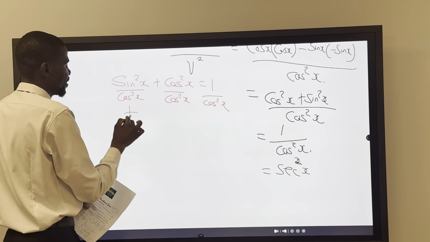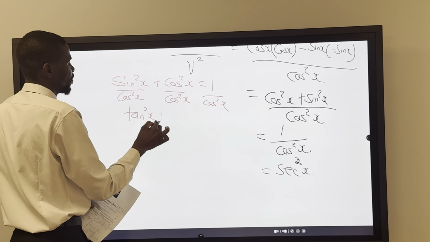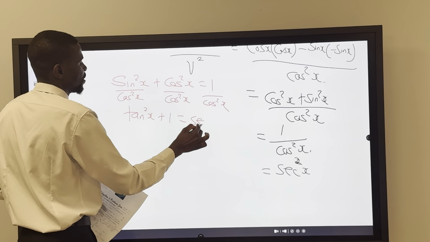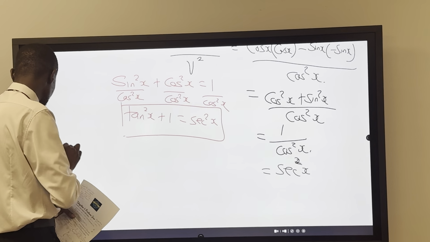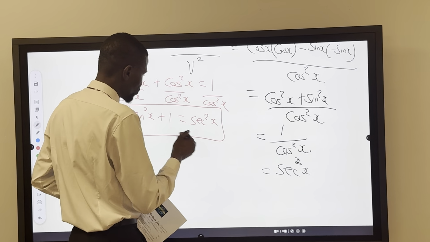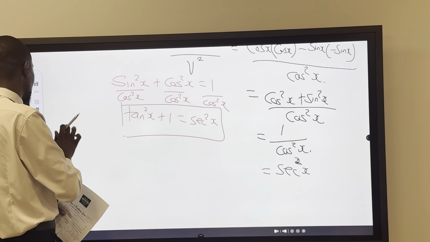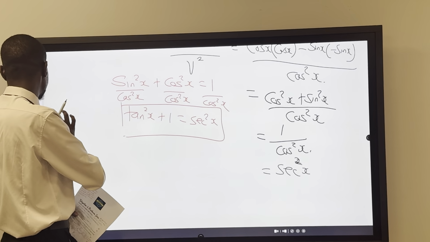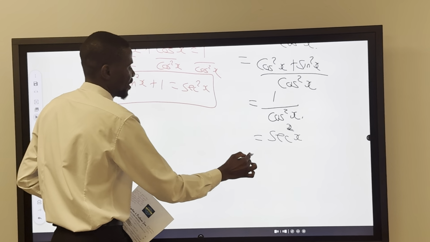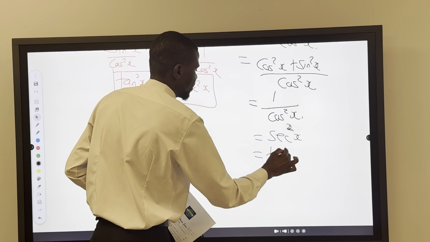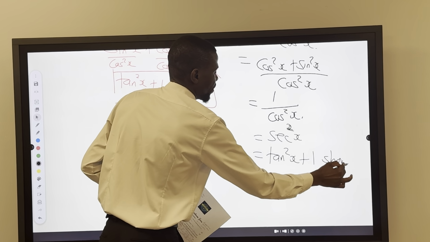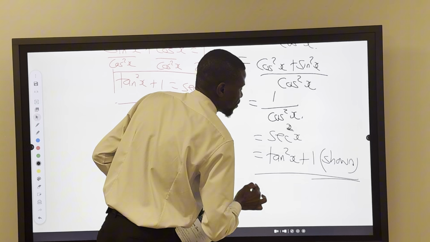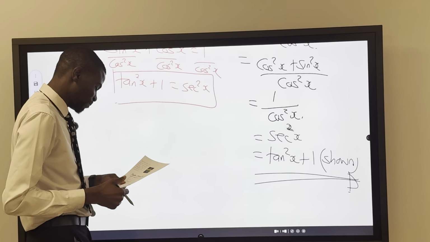So here, tan squared x plus 1 equals sec squared x. This is very important. It's one of the Pythagorean trigonometric identities. So now it's tan squared x plus 1, and we have proven that it's true.